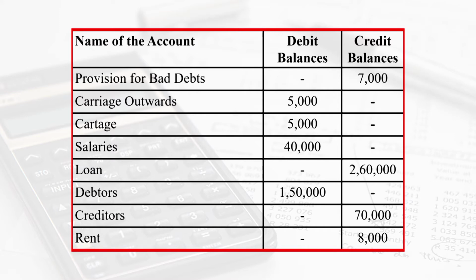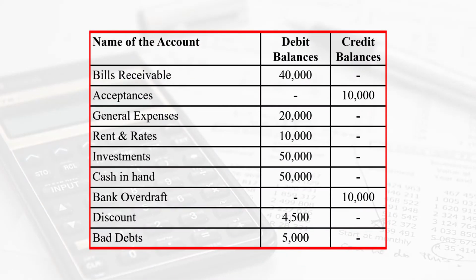But if it is rent received, it means it is a credit balance, and it is an income for the business, and this must be shown in the credit side of profit and loss account, because rent credit balance is given. This 8,000 is a credit balance, so that shows that this is rent received, and rent received being an income for the business must be shown in the credit side of profit and loss account.